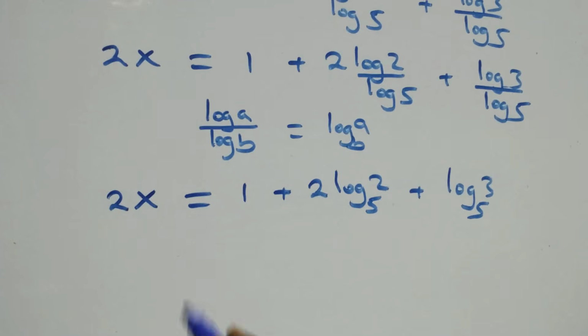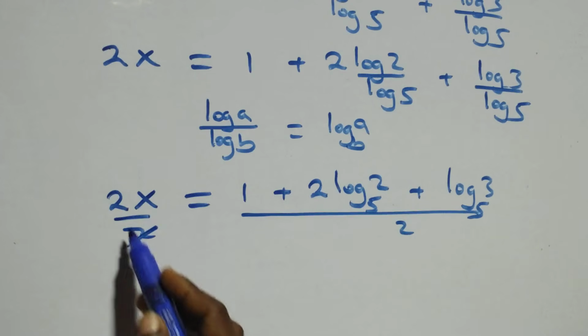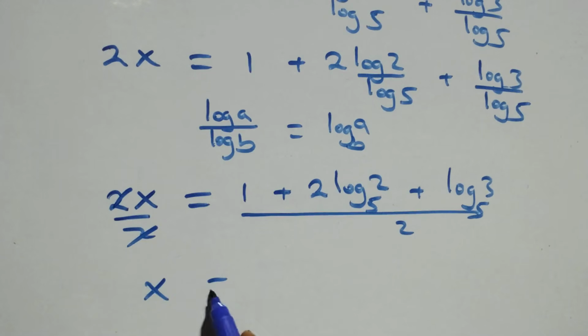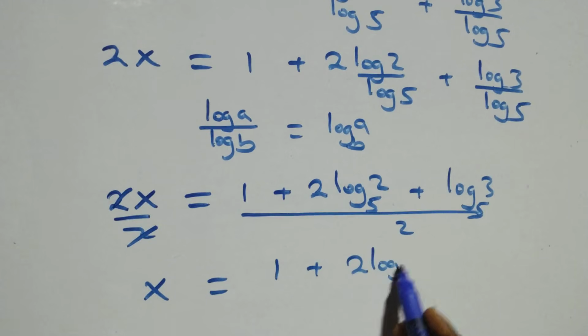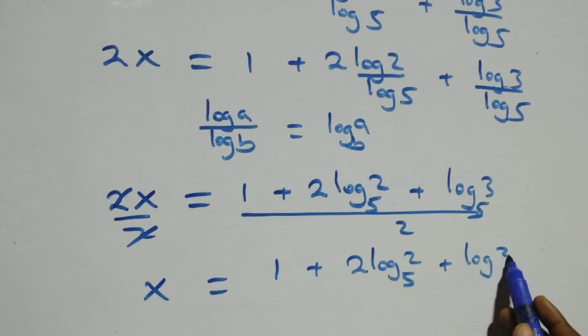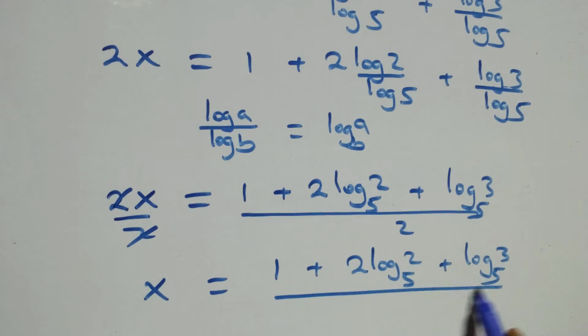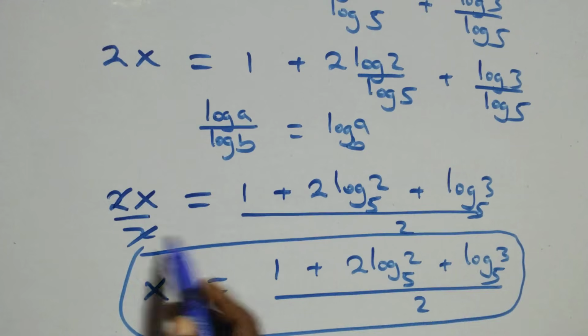Then we divide both sides by 2 here. Divide this side by 2, also divide this side by 2. As these two cancel each other here, we have x equals 1 plus 2 log 2 base 5 plus log 3 base 5, all over 2. This is the value of x here.